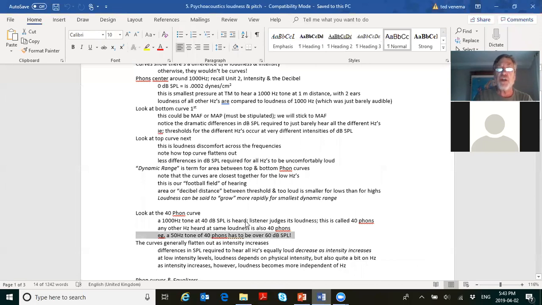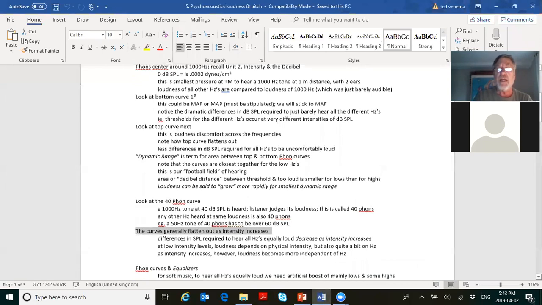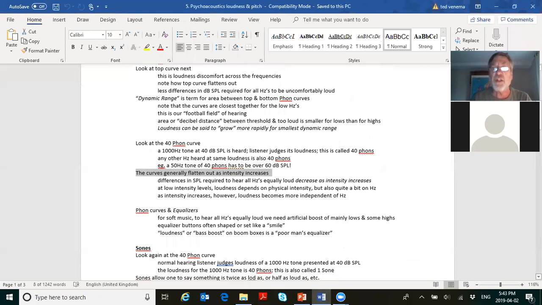The curves generally flatten out as the intensity increases. The differences in dB SPL required to hear all the different frequencies equally loud decrease as intensity increases.